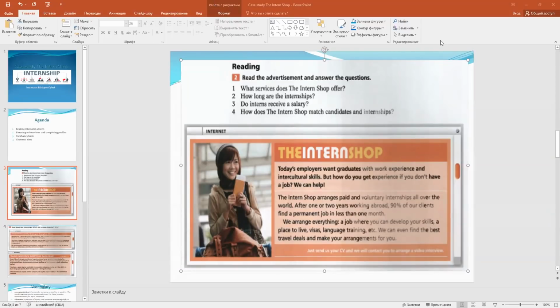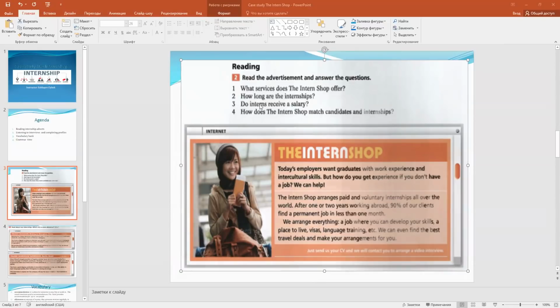So now we have a reading activity, dear students. You have to read the following extract. It is about internships as well. In this exercise, you have to answer the following questions. The first question, what services does the internship offer and how long are the internships?